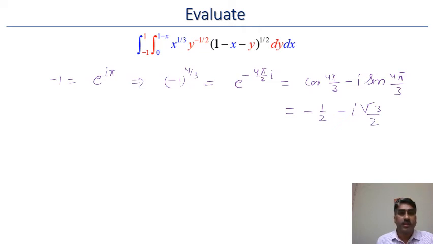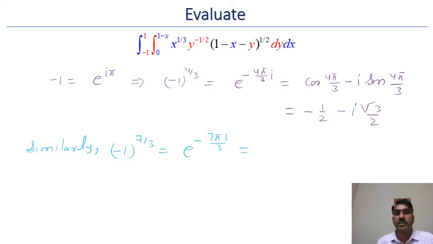Similarly, minus 1 is equal to e to the power I pi. So minus 1 to the power 7 by 3 will become e to the power minus 7 pi I by 3.